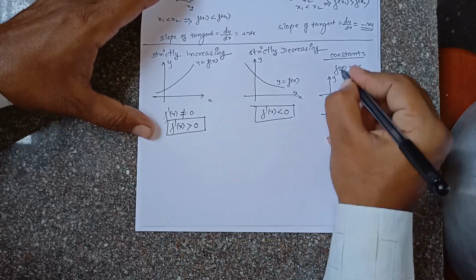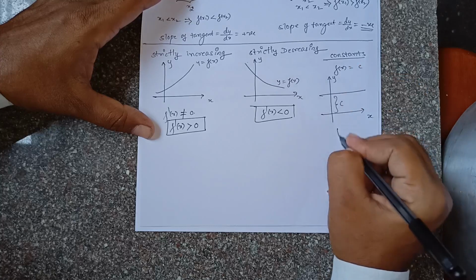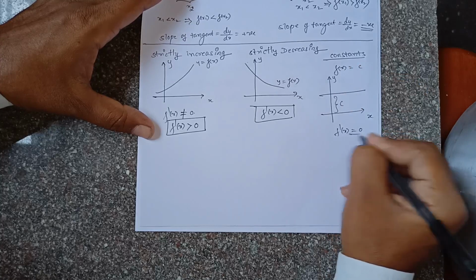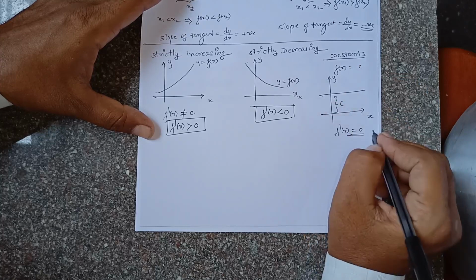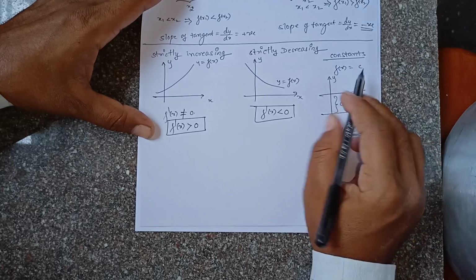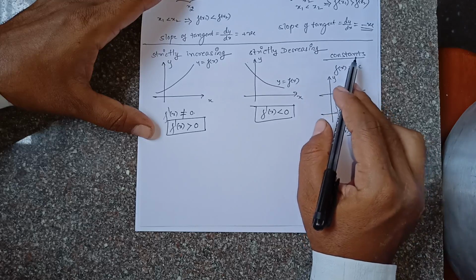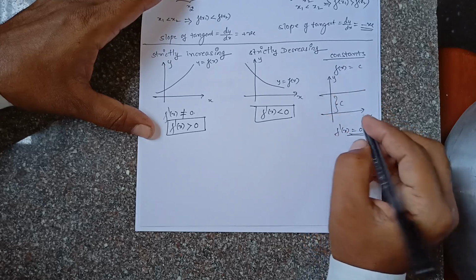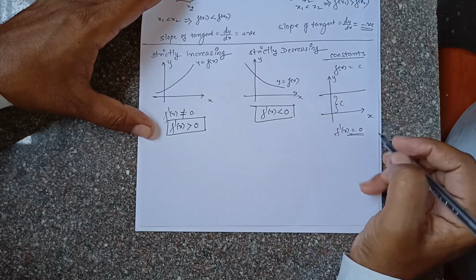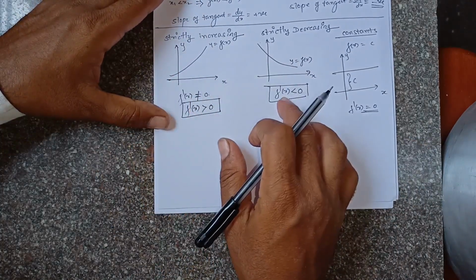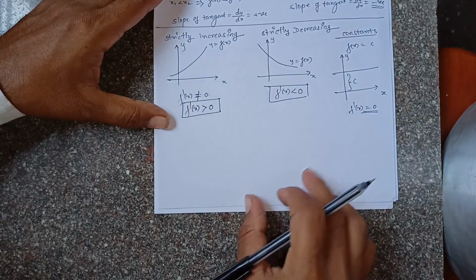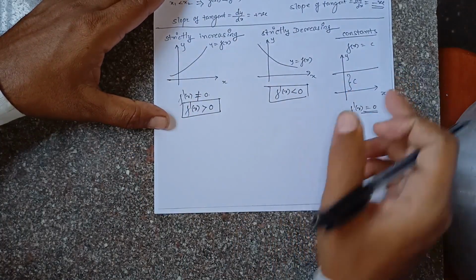Okay, if you differentiate the function f of x is equal to c, what will f dash of x be? f dash of x is always 0. If f dash of x is 0 always throughout the domain, then we say that the function is a constant function. Here we say this function is neither increasing nor decreasing. This is about strictly increasing, strictly decreasing and also constant functions, the functions which are neither increasing nor decreasing.